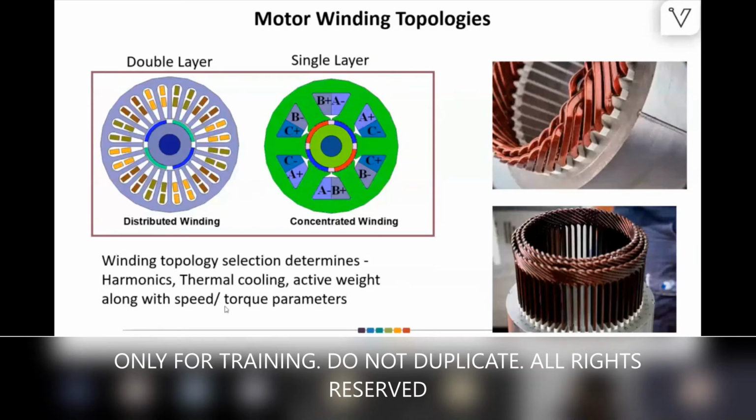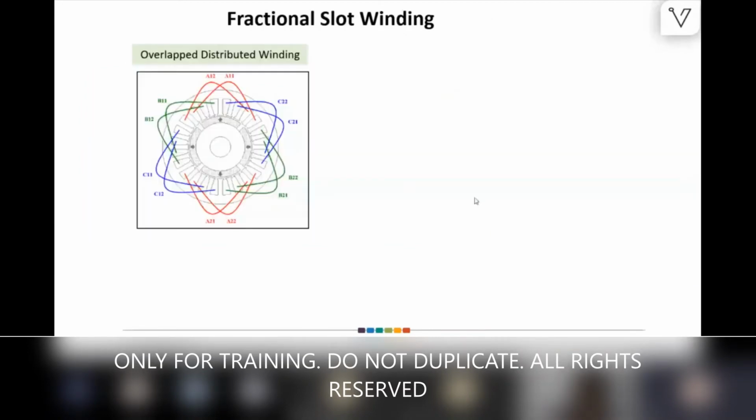Because your rotor combination and the winding combination is what gives the speed torque, along with the active steel that you have. So we are playing with active material here, which will directly impact the speed torque and efficiency.